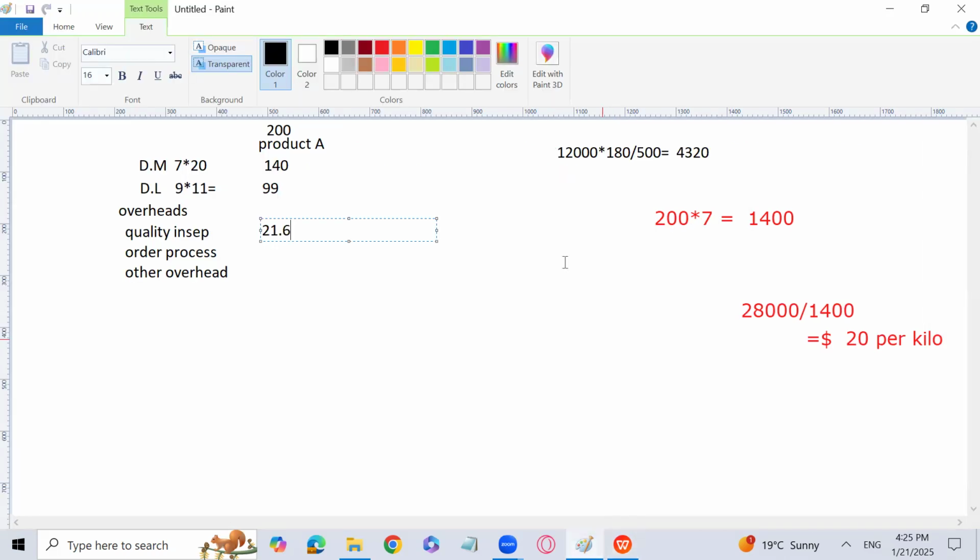So I can calculate 18,000 multiplied by 240 divided by 360. The answer is going to be 12,000, and 12,000 divided by 200, we will get the order processing overhead cost per unit for product A, which is going to be 60.